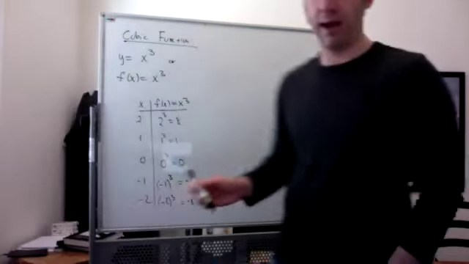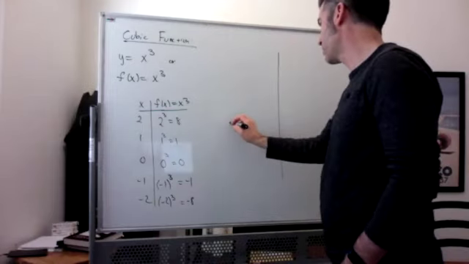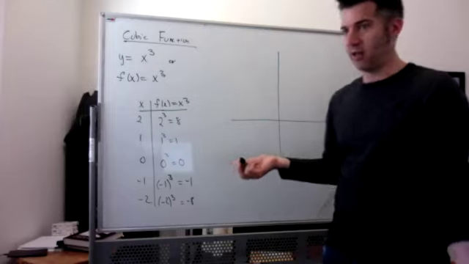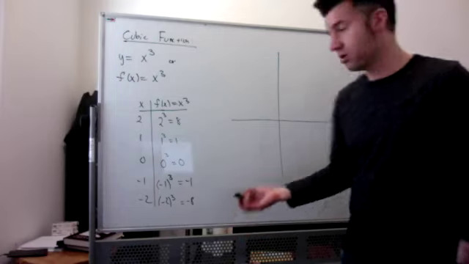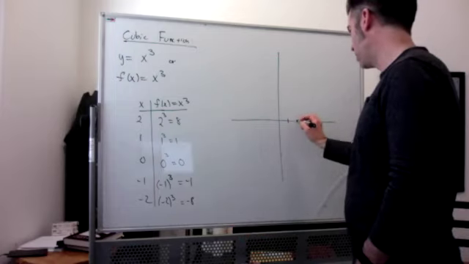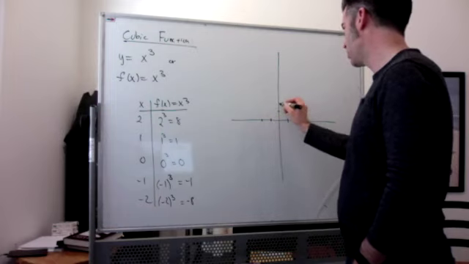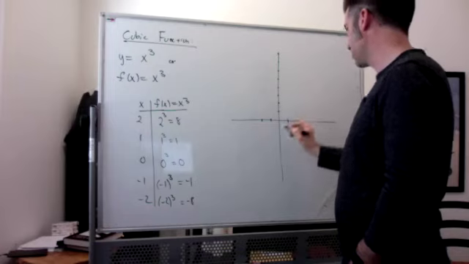And then we can try to plot this. I always feel like my graphs, when they get really big fast, I don't make them look quite as steep as they should. But let's see. So if I go over 1, 2, over 1, 2, and then up 2, 3, 4, 5, 6, 7, 8.